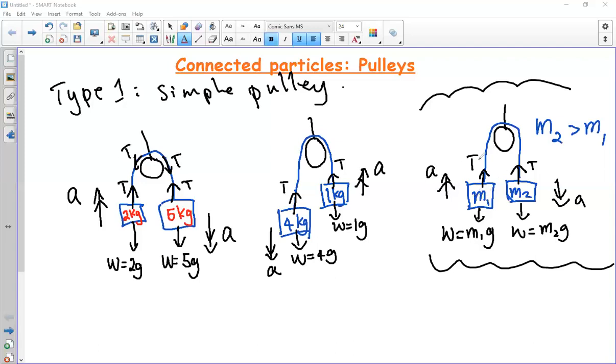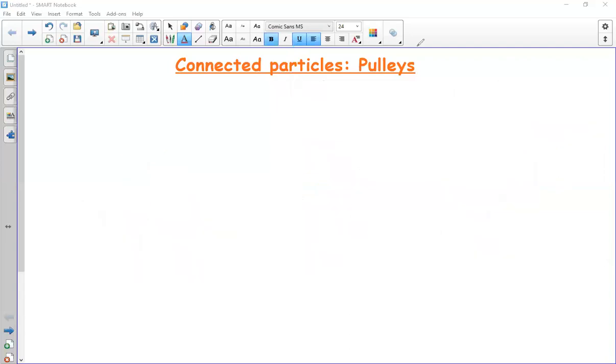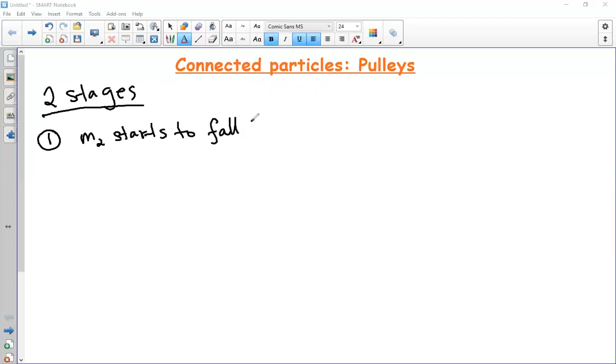Let's do another diagram just to clarify those two stages. Okay, let's write down our two stages. Stage 1: M2 starts to fall towards the ground.